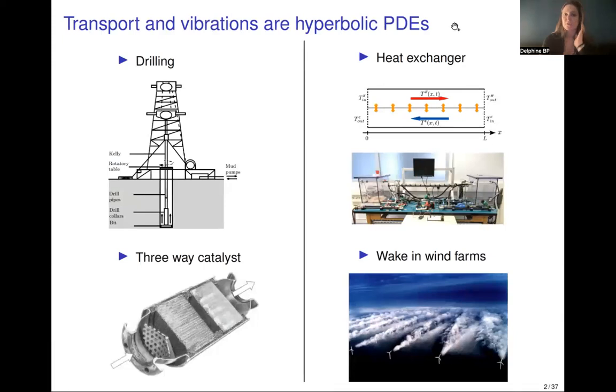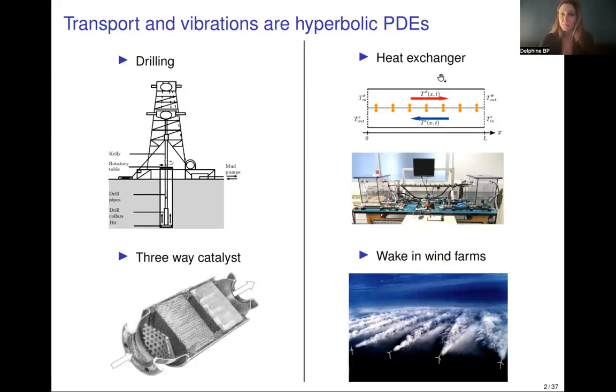In the picture on the top right of the slide, I picture a counter-convective heat exchanger, where you aim at controlling the distributed temperature along the exchanger and thus maximizing, for instance, the amount of exchange power between the cold and the hot channels by acting on the flows of the two channels and also on the temperature at both boundaries.